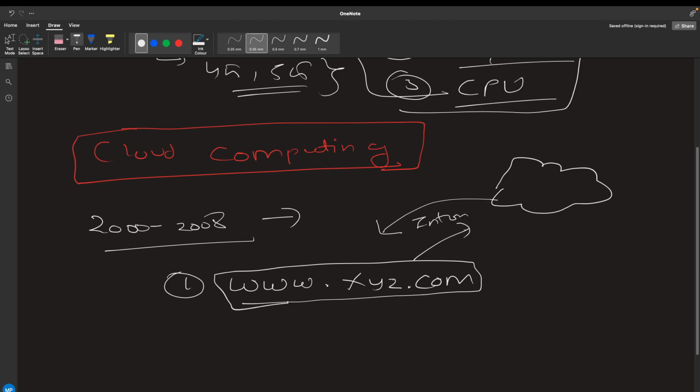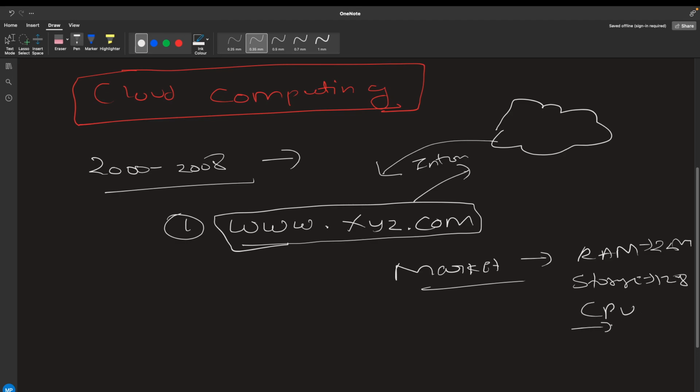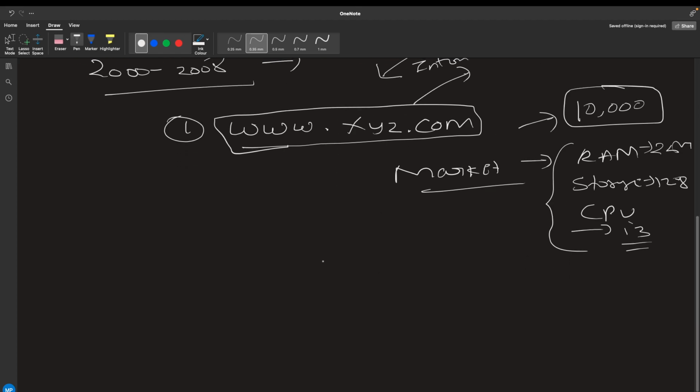With a physical server, you have to go to the market and buy resources, like 2 GB of RAM, 128 GB of storage, and a CPU, say an i3. To buy these you spend some money, say 10,000 rupees, and you have created one physical server.